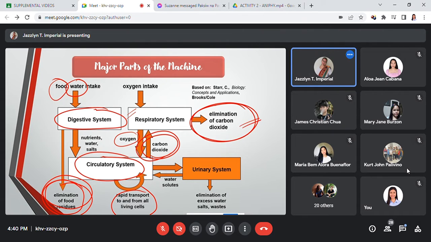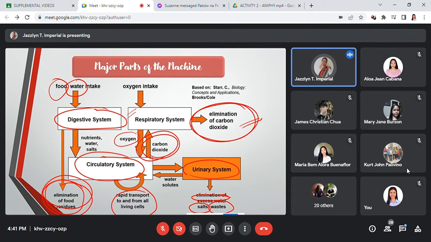Okay? Now, again, in conjunction with the circulatory system, you will see that blood will now enter the urinary system wherein the filtrate will undergo filtration, reabsorption, secretion, and then finally excretion for the elimination of excess water, salts, and waste.